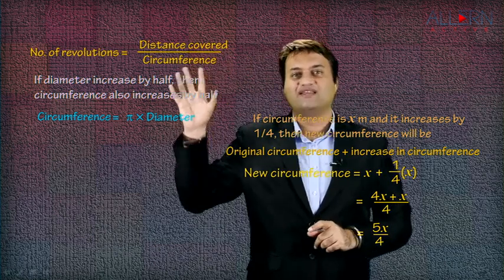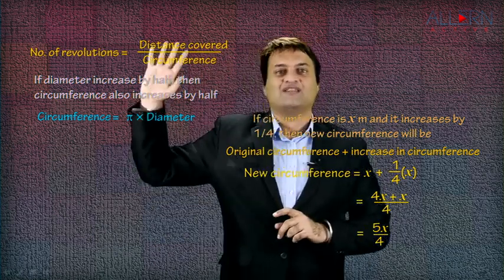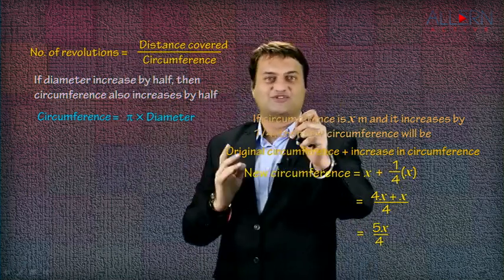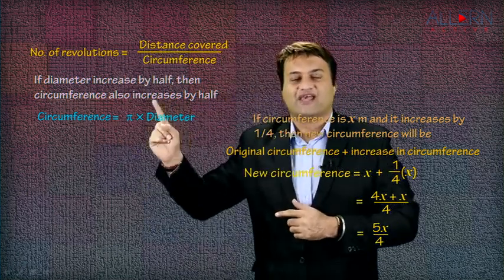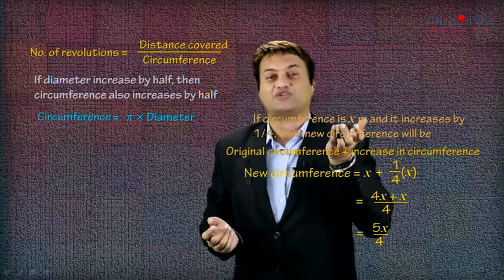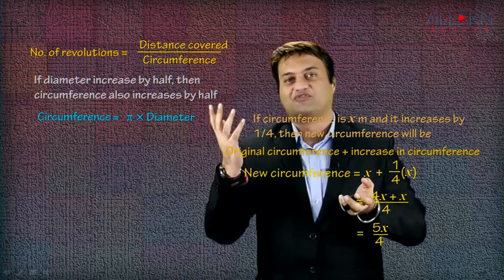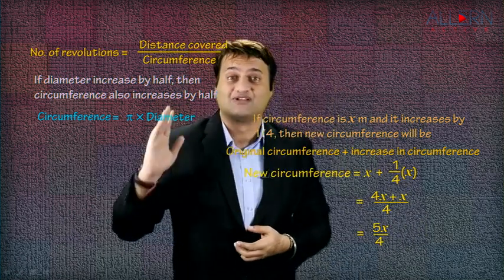So these are the three things as far as this sum is concerned. The formula that we will be using is number of revolutions is equal to distance upon circumference. So you can make a note of this. Second, always remember, whatever happens to the diameter, the same thing happens to the circumference. If the diameter increases by half, the circumference also increases by half. Remember this concept.